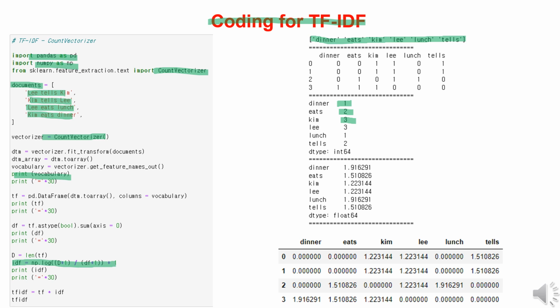When we multiply the TF by IDF, we obtain the TF-IDF values. As explained in the theoretical part, in the first and second sentences, the word tells has a high TF-IDF value, and in the third and fourth sentences, the words lunch and dinner have high TF-IDF values. This demonstrates the importance of these words in their respective sentences.